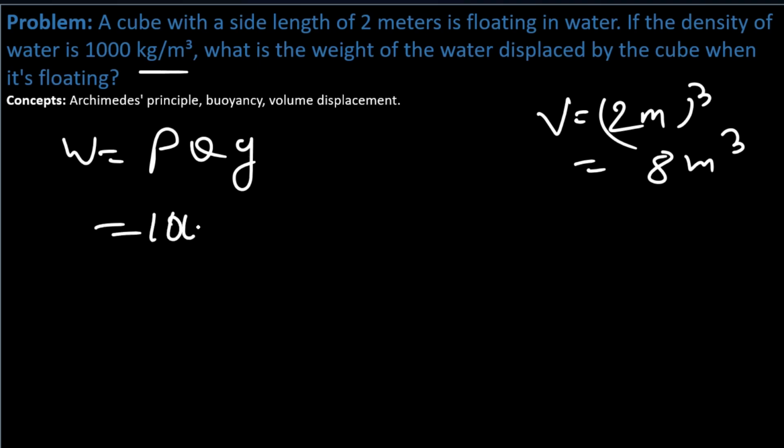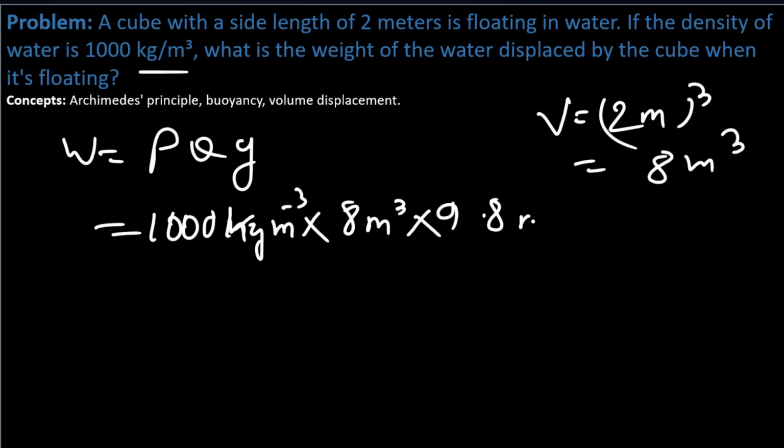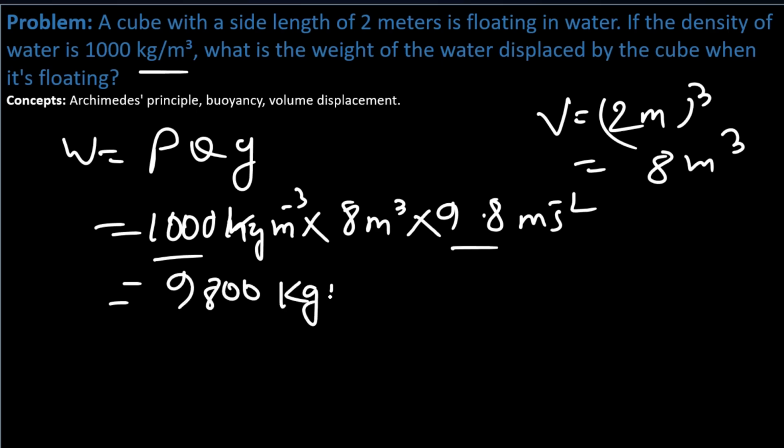So 1000 kilogram per meter cube times 8 meter cube times 9.8 meter per second square equals 1000 times 9.8 equals 9800.